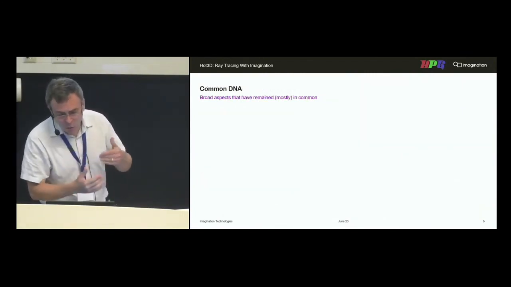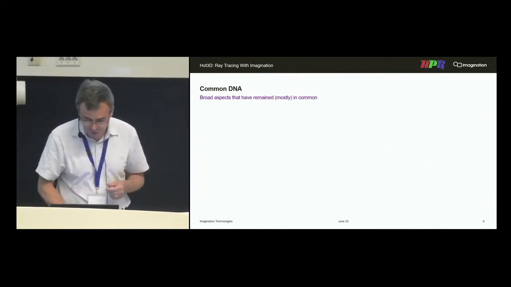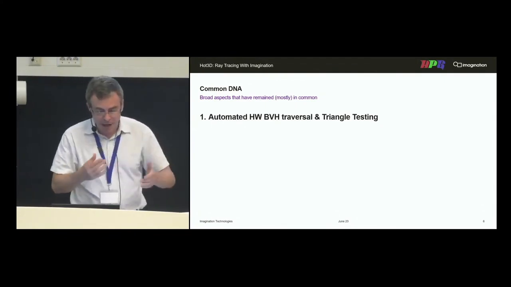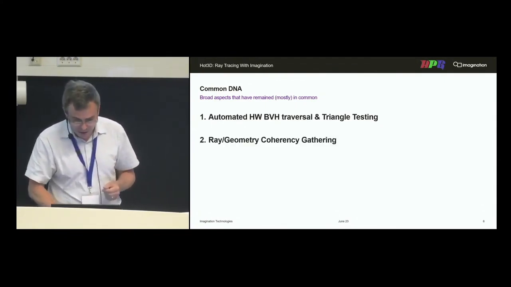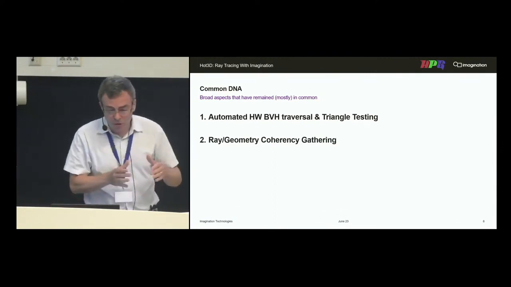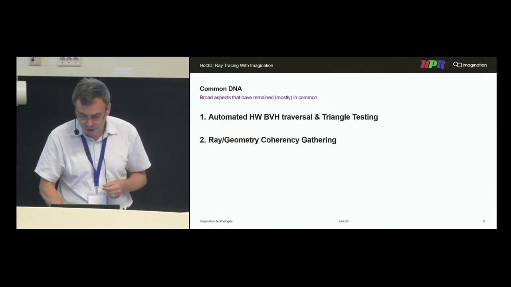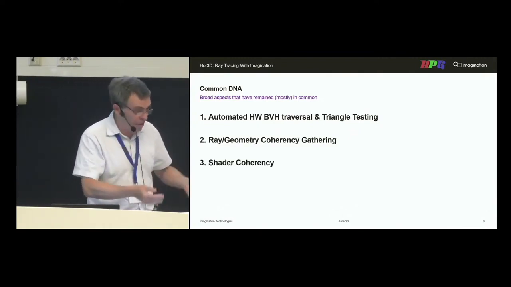So I just want to look at what has remained in common between the various generations, and we'll concentrate on three things. There's the automated hardware BVH traversal and triangle testing. There's ray and geometry coherency gathering so that you don't murder your memory system. And there's also shader coherency, basically so you're friendly to your SIMD.